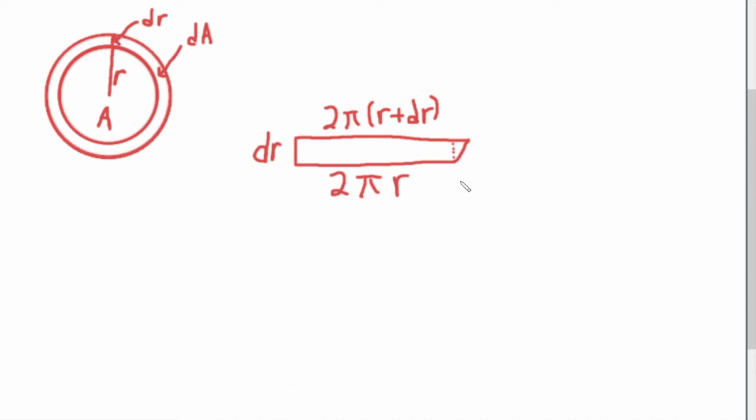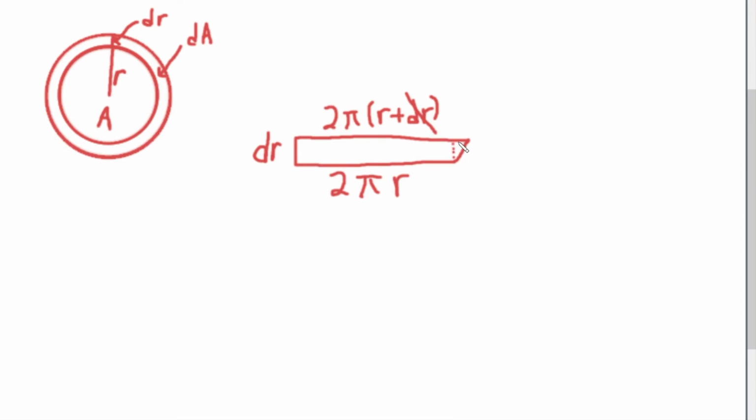However, since we are trying to find the instantaneous rate at which the area changes, we need to use values of dr that approach 0. Therefore, this top side will have a length of 2 pi r, because this dr approaches 0.